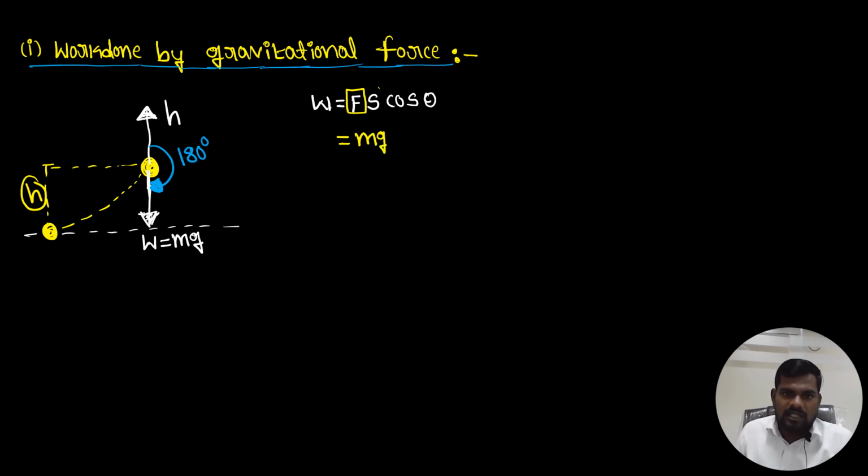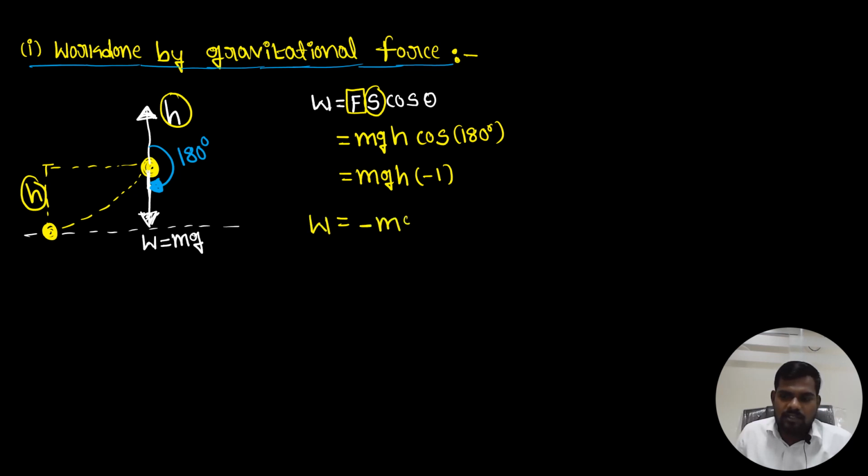S is the displacement, which is the height h. So h cos theta, with theta 180 degrees as I showed in the diagram, that is equal to m into g into h. The value of cos 180 is minus 1. So the work done is minus mgh. This is the final work done.